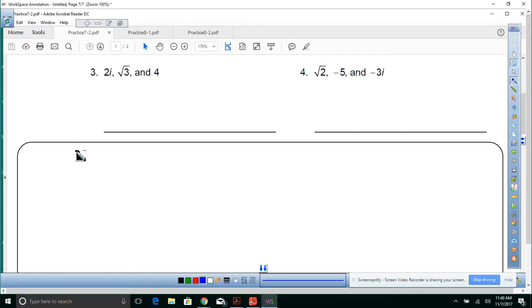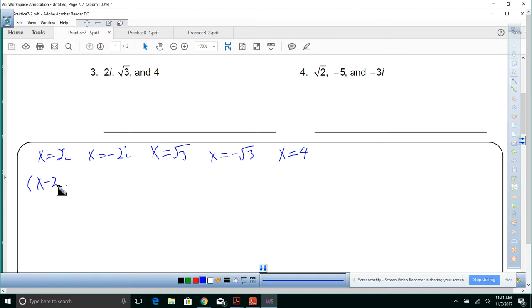So we're going to have x equals 2i, x equals negative 2i, x equals the square root of 3, x equals negative square root of 3, and x equals 4. So right here you've got x minus 2i times x plus 2i times x minus the square root of 3 times x plus the square root of 3 times x minus 4.